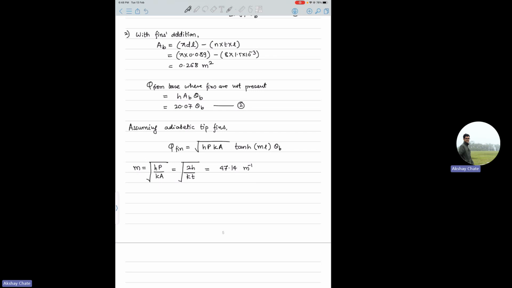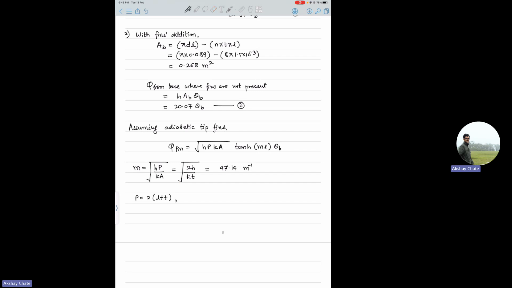Perimeter of the fin will be 2 into the length of the fin in that direction plus thickness. So that will be perimeter. You can calculate those.